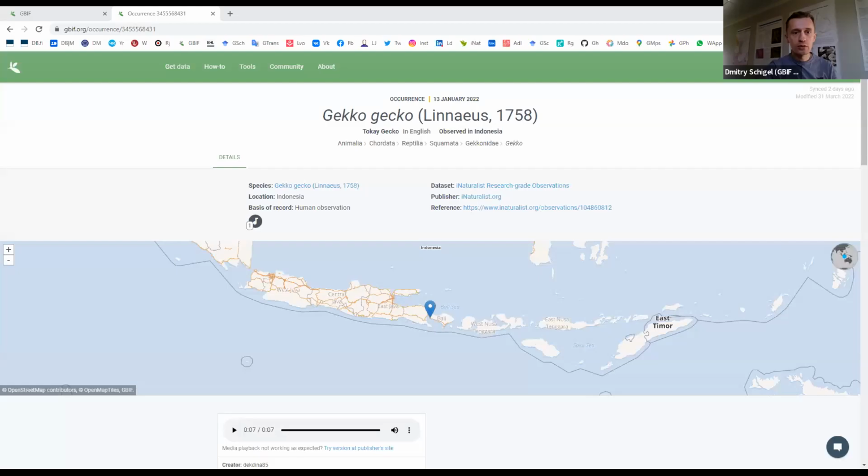On the question of the audio files, if I'm allowed, I would like to share screen very quickly, just to illustrate that some of these 2 billion plus records that Marcella was presenting about actually have different kinds of multimedia. Most of it is images, and most typically it is citizen science observations.